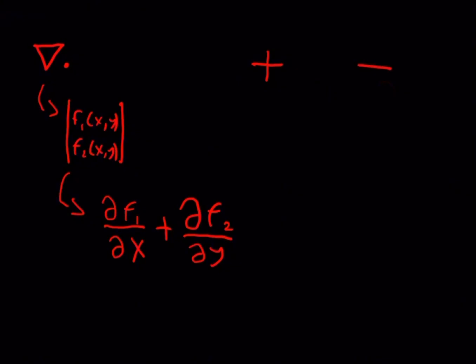Positive divergence means that the arrows are escaping from the point, while negative means that they fall into a point. This is very useful for understanding things like fluid dynamics, or maybe even the way wind moves.